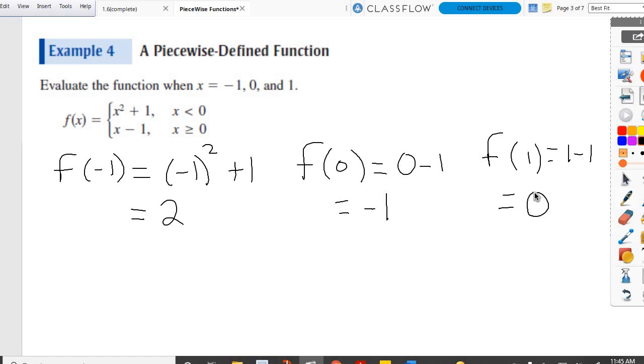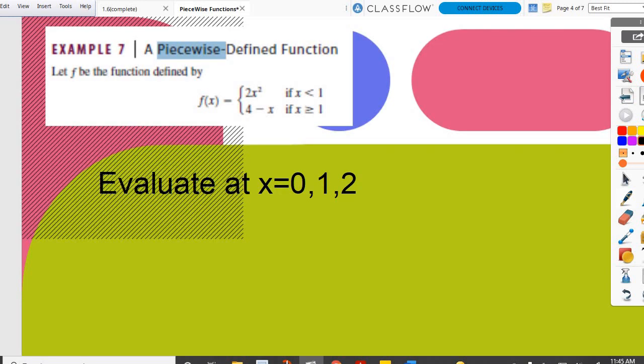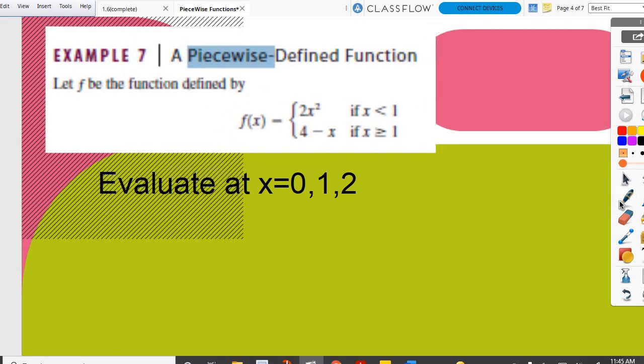Alright, so let's have you try one on your own. Okay, so you have a different piecewise function. This time you want to evaluate at 0, 1, and 2.